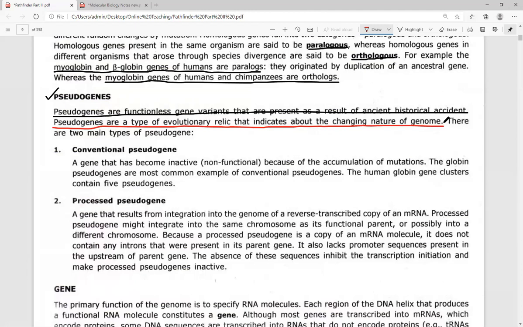The genome keeps on mutating itself, keeps on modifying itself, and leads to the formation of new types of genes. Next, one is referred to as conventional pseudogenes, another one is referred to as processed pseudogenes.